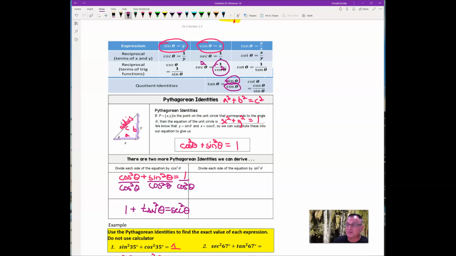And then the third one is you do the exact same thing, but now you divide everything by sine.